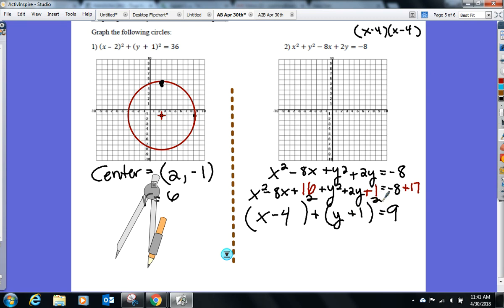And look what you have right now on your hands. The circle equation. That's the circle equation right there, with the center now of what? Oh, what's my center? Be careful. 4, negative 1, and a radius length of 3. Something I can graph now.